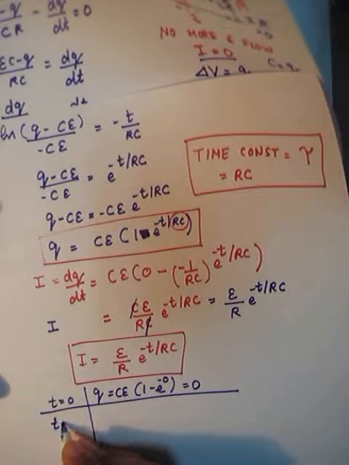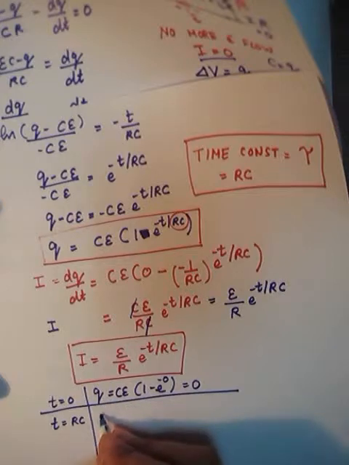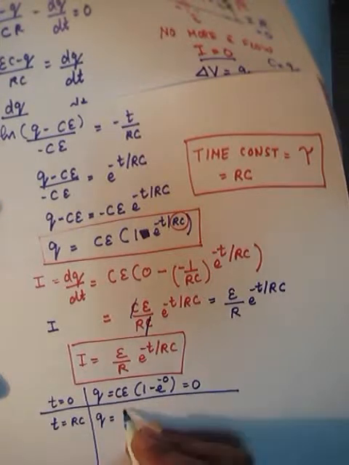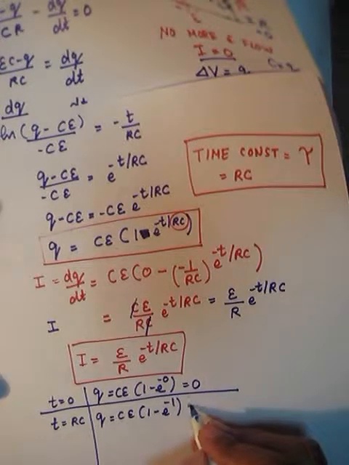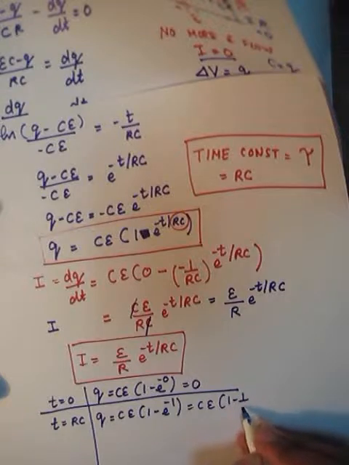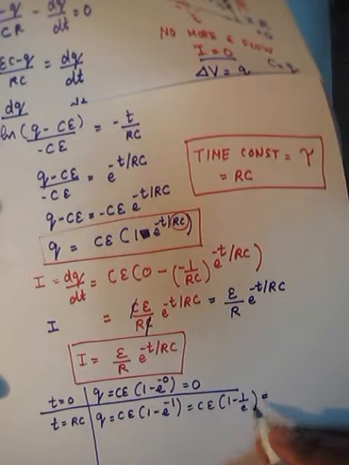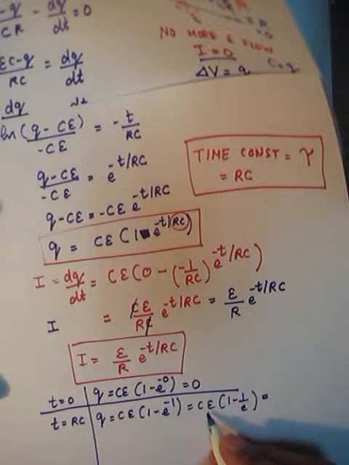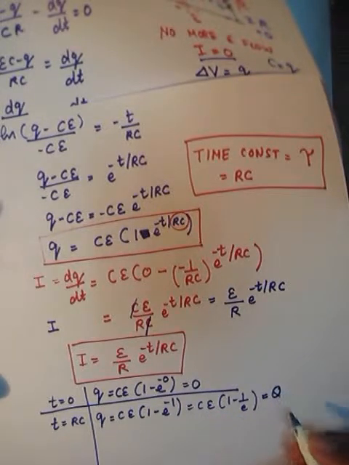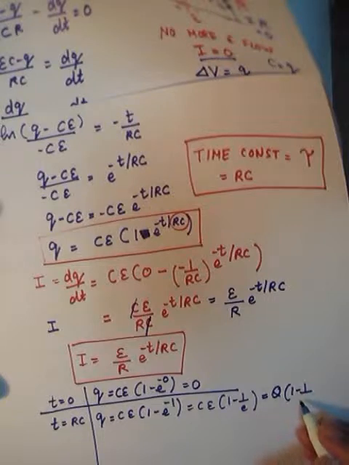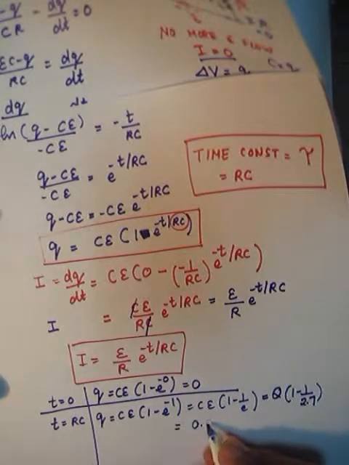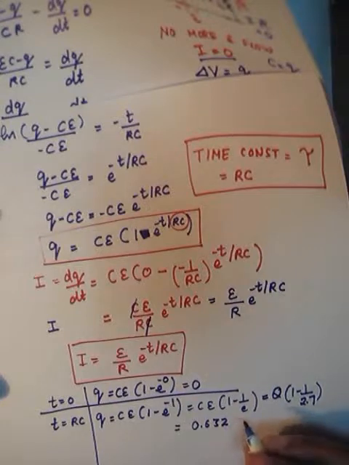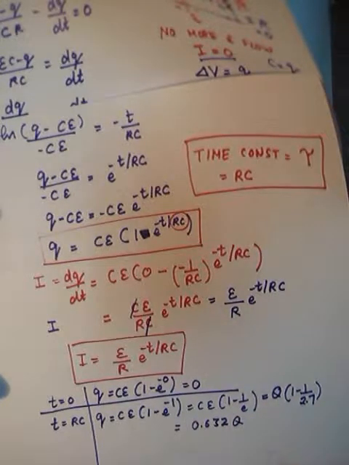Okay, so if t is equal to RC, q will be equal to C epsilon times (1 minus exponential minus 1), so it will be C epsilon times (1 minus 1 upon e). So just put the value of e. C epsilon is the maximum charge, and it will be 1 minus 1 upon 2.7, since the value of the exponential is around 2.7, and when you calculate it, what you get is 0.632 times the charge.